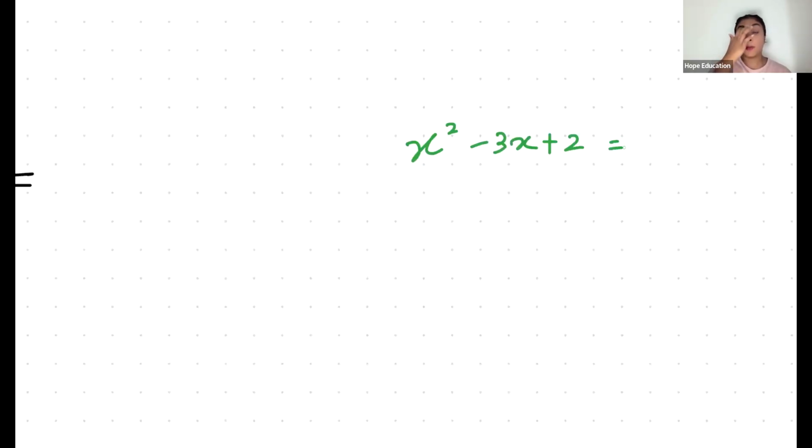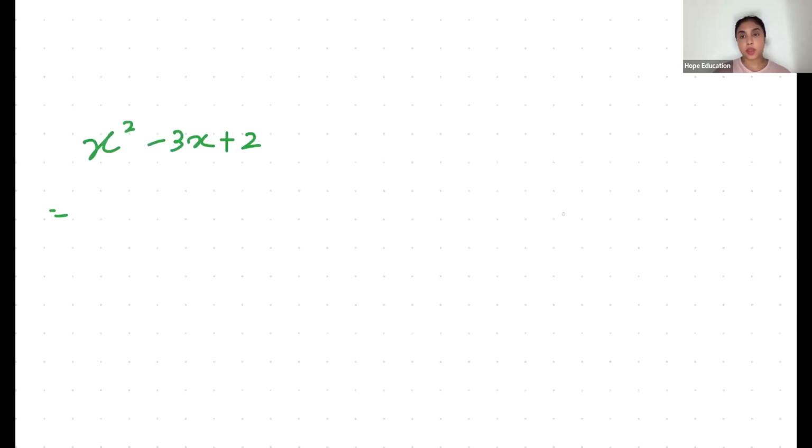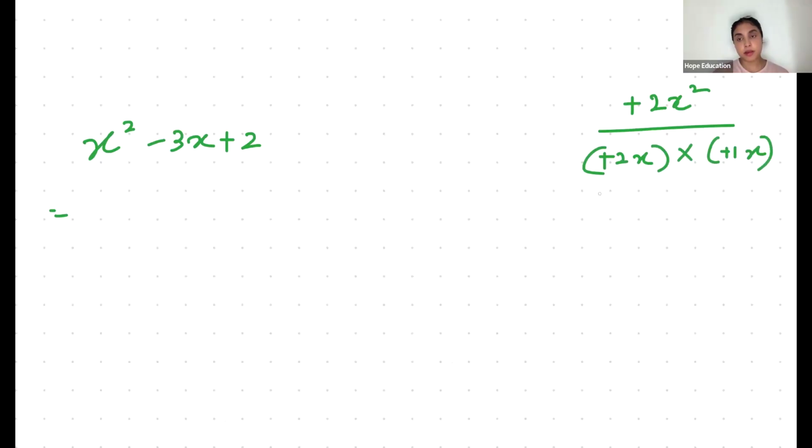So 2 multiplied by x squared, we have plus 2x squared. We have to find different ways how plus 2x squared can be formed. It could be plus 2x multiplied by plus 1x, or minus 2x multiplied by minus 1x.